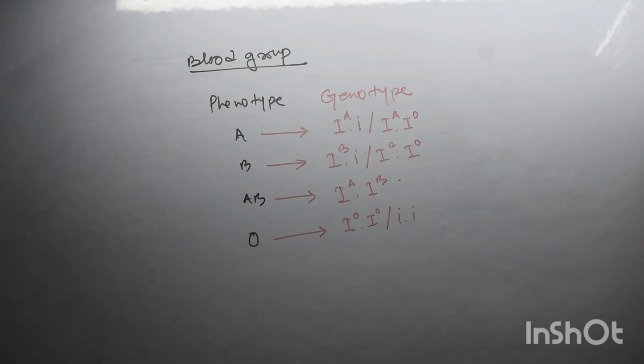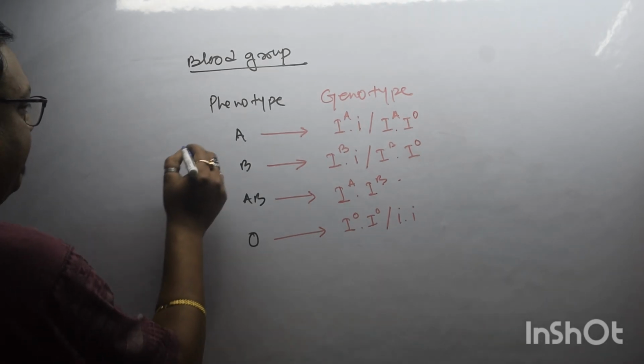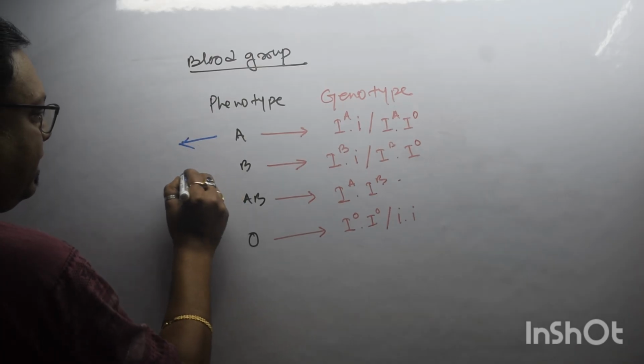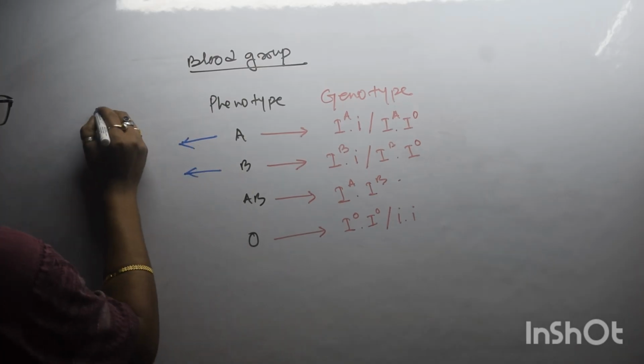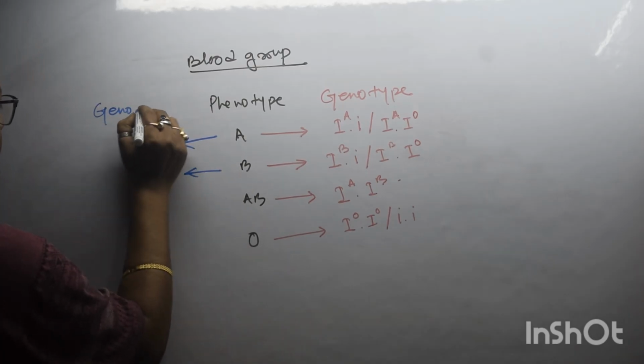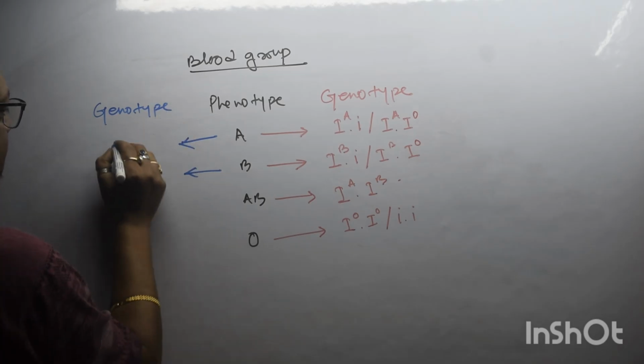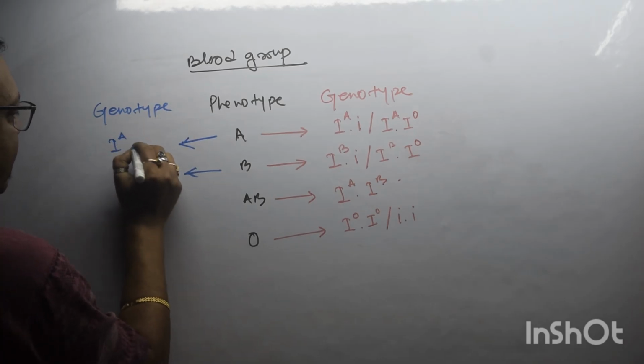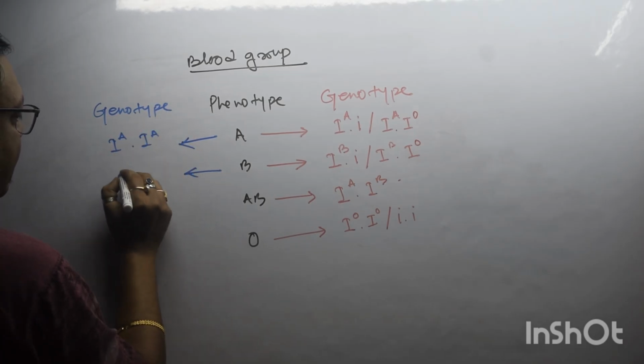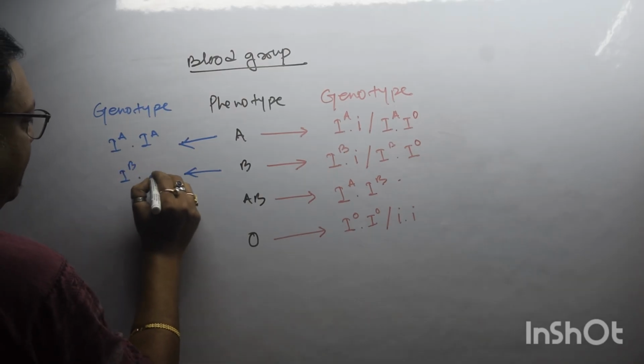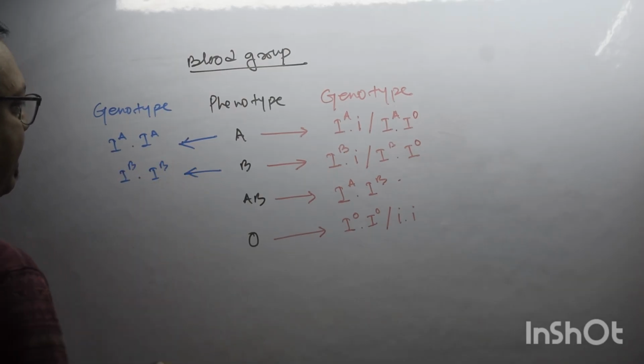Blood group A and B also can be expressed in another form of genotype, which are capital IA IA and capital IB IB.